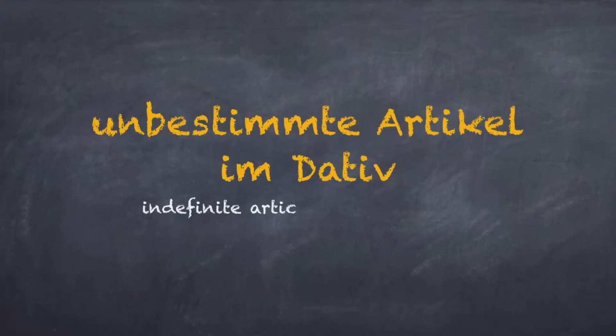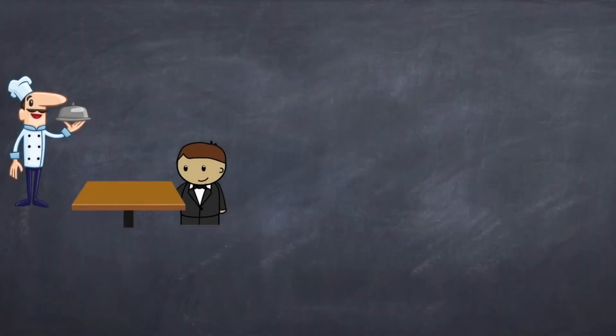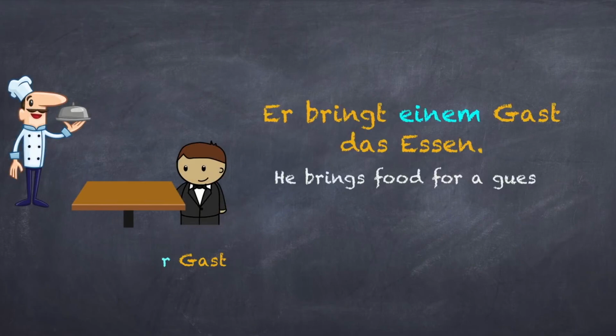Let's move on to unbestimmte Artikel im Dativ. Let's do a few sentences to understand them. Er bringt einem Gast das Essen. In this case, ein changes to einem.